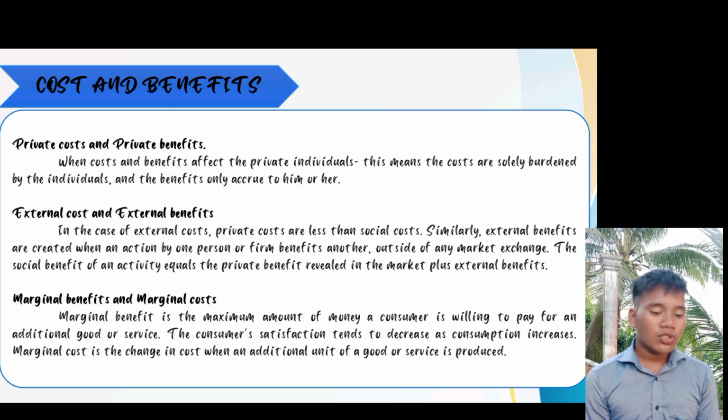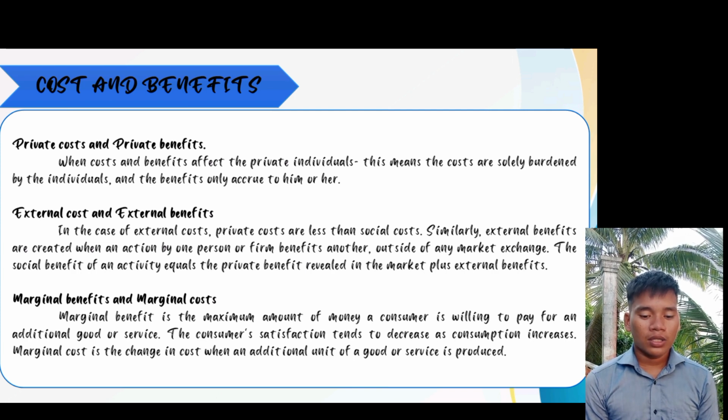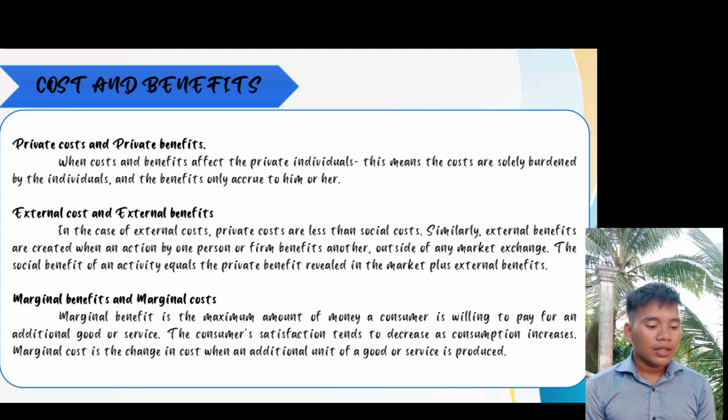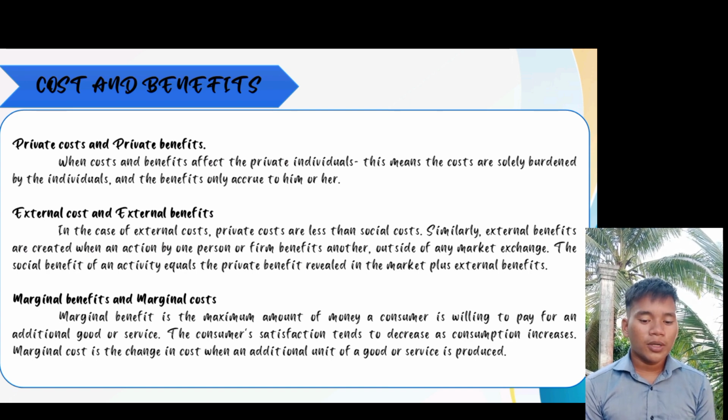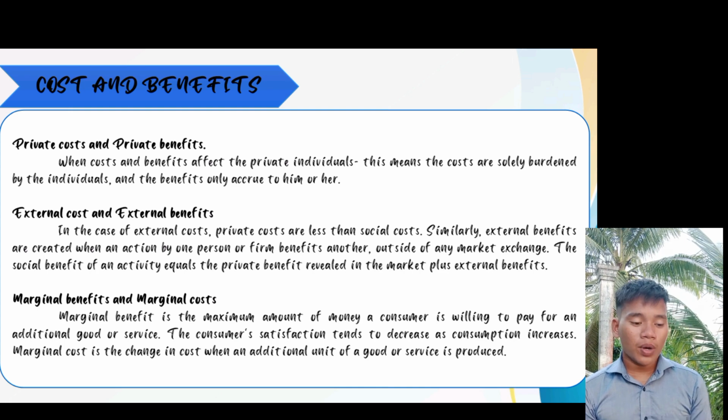In the case of external costs, private costs are less than social costs. Similarly, external benefits are created when an action by a person or firm benefits others outside of any market exchange. The social benefit of an activity equals the private benefit revealed in the market plus external benefits.